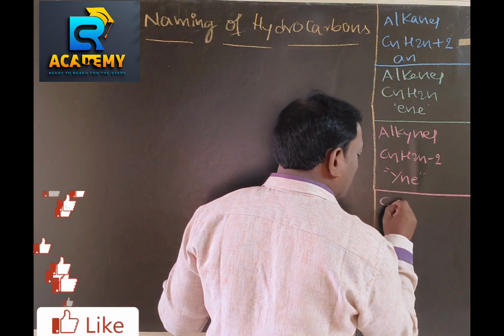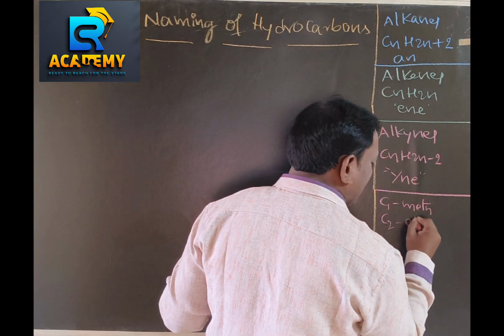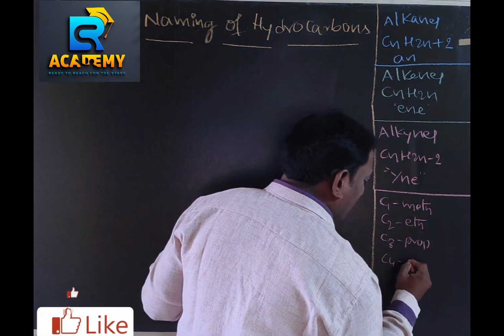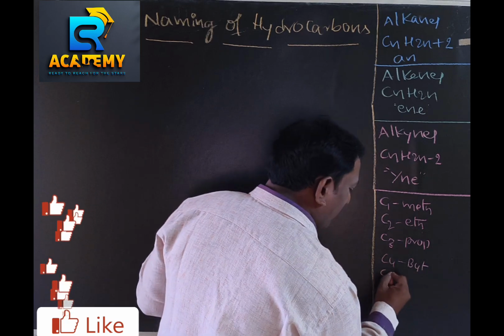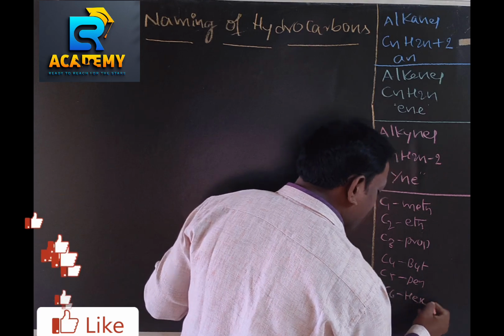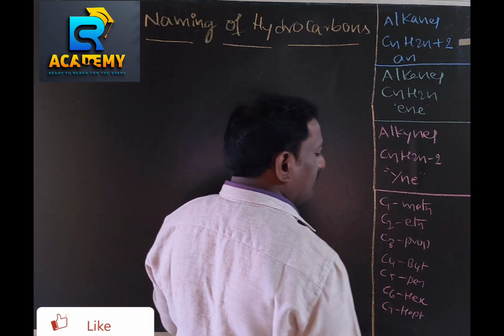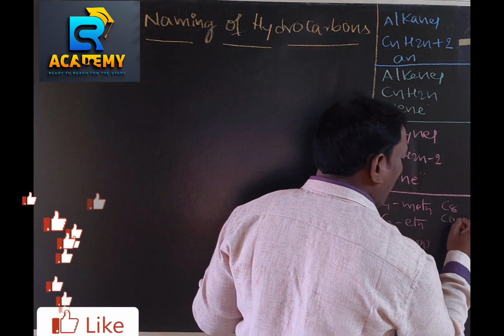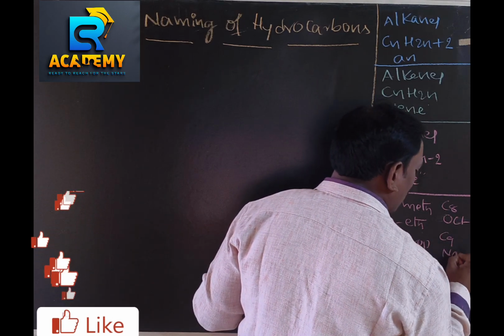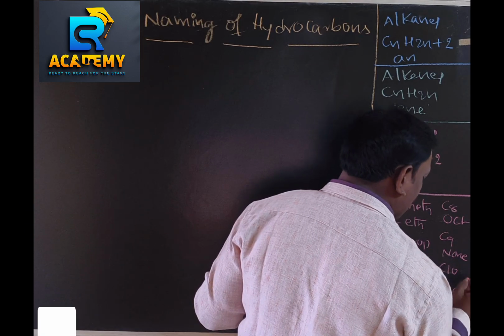If the carbon is 1, that is called meth. 2 carbons, eth. 3 carbons, prop. 4 carbons, but. 5 carbons, pent. 6 carbons, hex. 7 carbons, hept. 8 carbons, oct. 9 carbons, non. 10 carbons, dec.